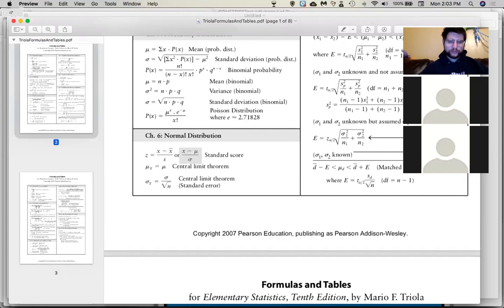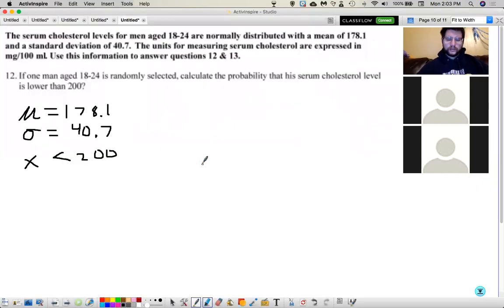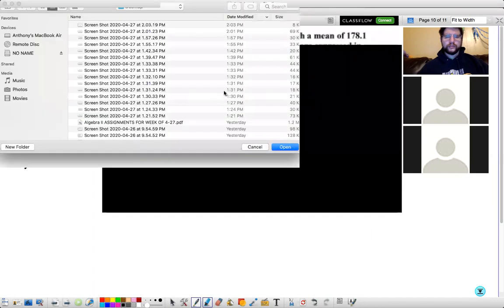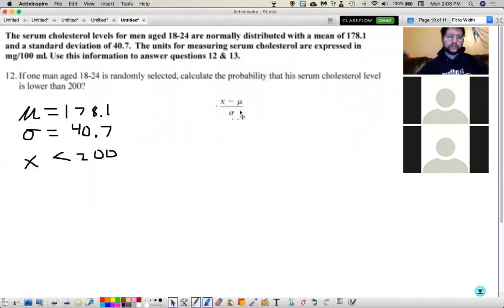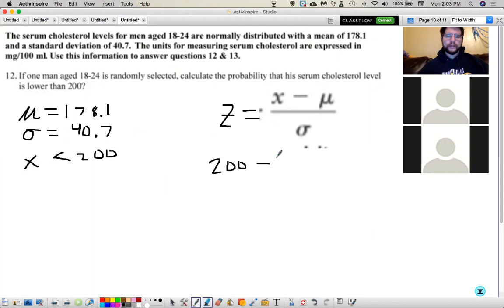We have to convert these to a standard score so we can look them up on the chart. So my X is 200 minus 178.1 over 40.7.